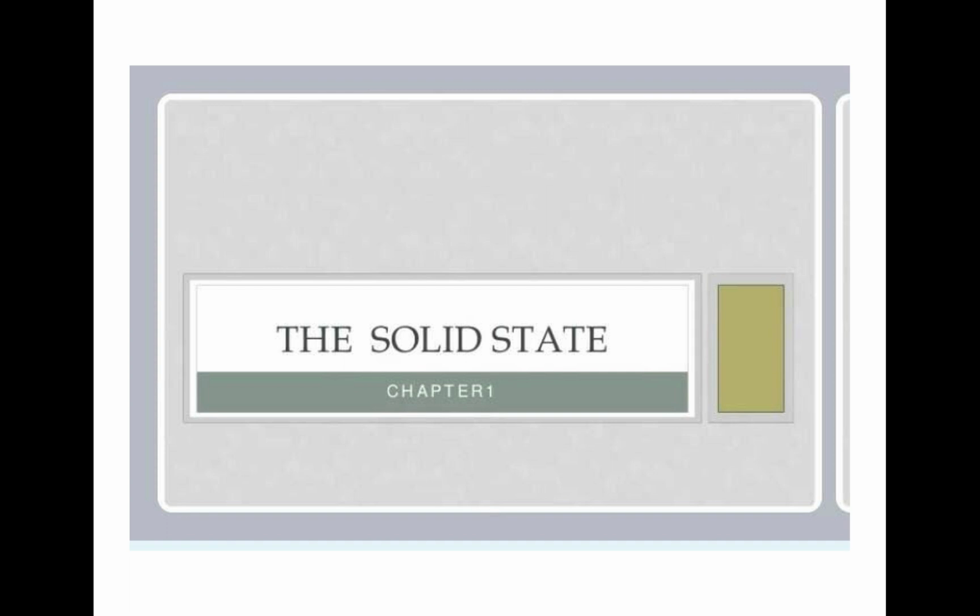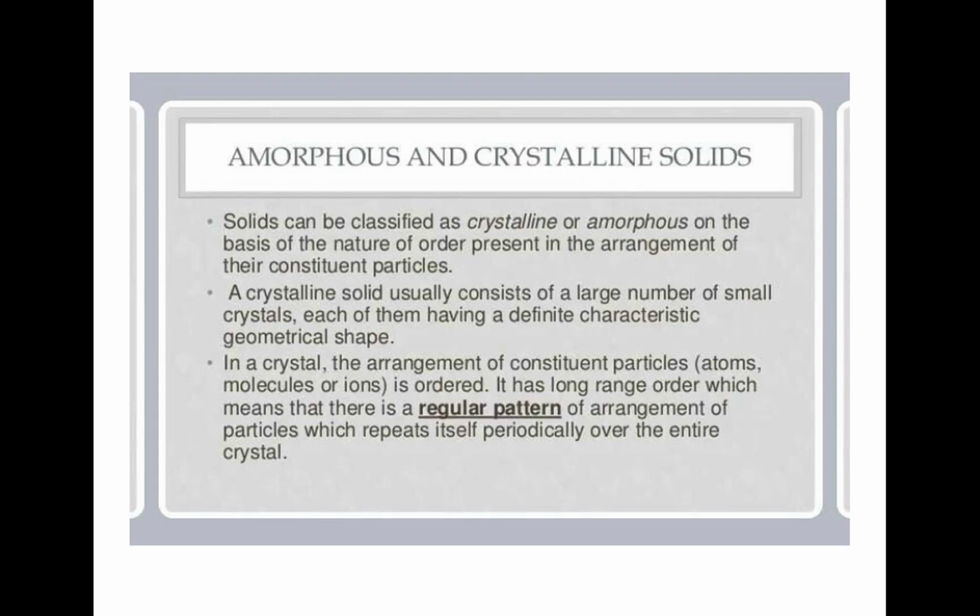Okay, with that we will start with today's session, and firstly we will learn about different types of solids. You might have all heard about amorphous and crystalline solids. Solids can be classified as crystalline or amorphous on the basis of the nature of order present in the arrangement of their constituent particles. A crystalline solid is usually made of a large number of small crystals, like salt crystals, and each of them has a definite characteristic geometrical shape.